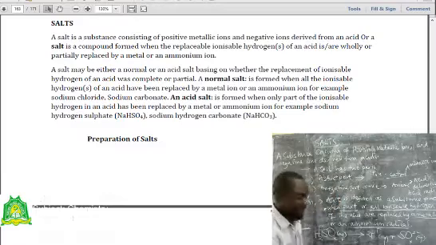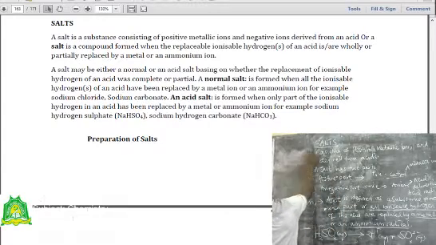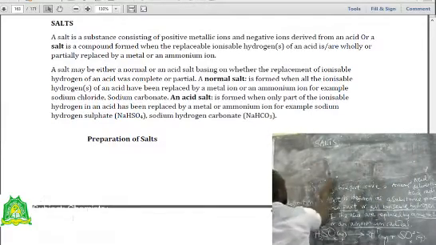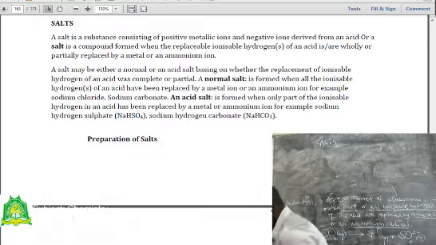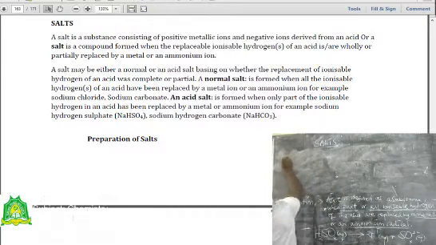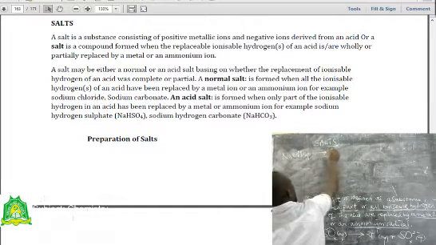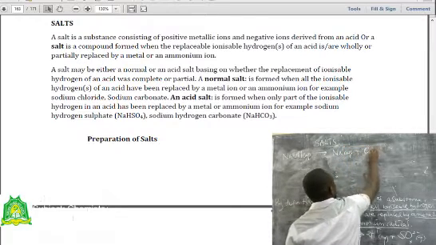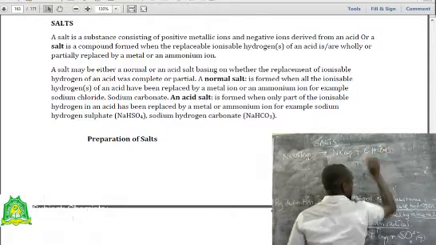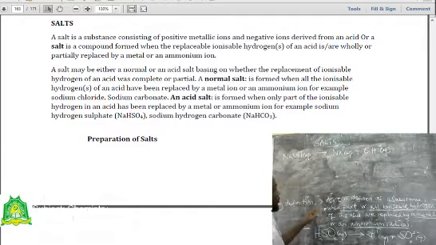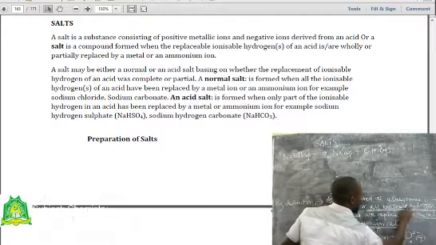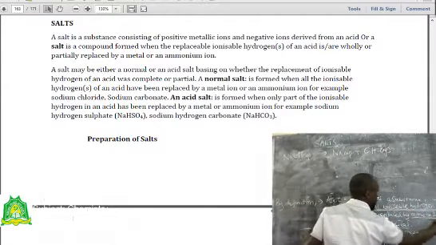So once you bring in a base, for instance sodium hydroxide solution, this will break to give us sodium ions plus hydroxide ions. From our definition, a substance formed when part or all the ionizable hydrogen ions are replaced by a metallic ion.